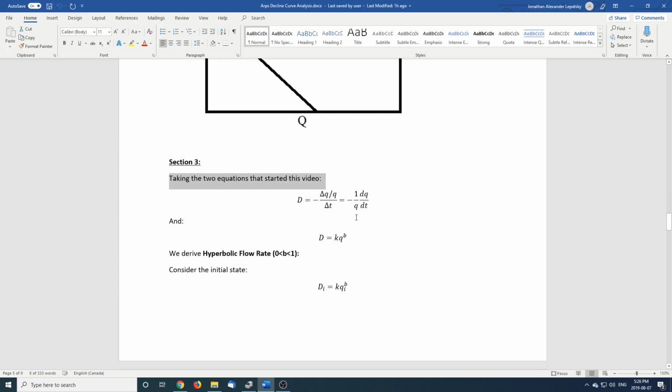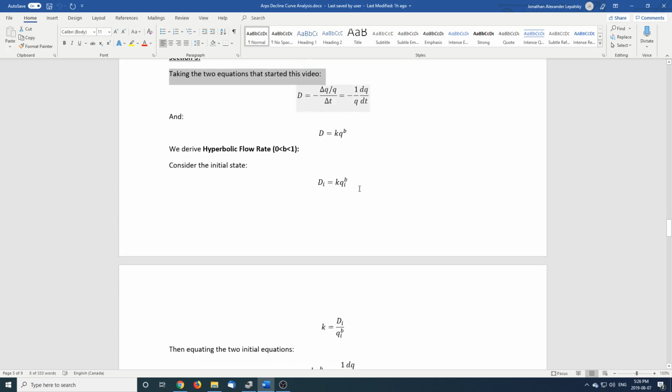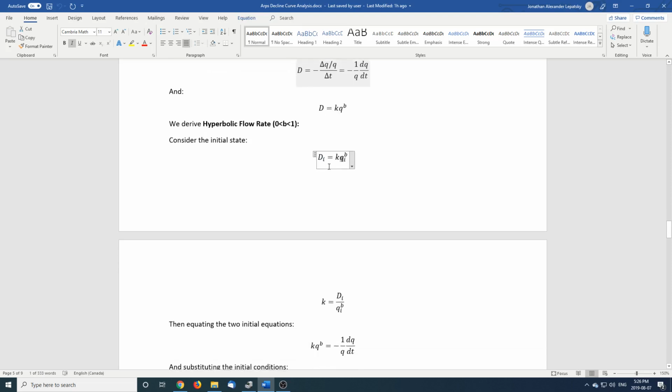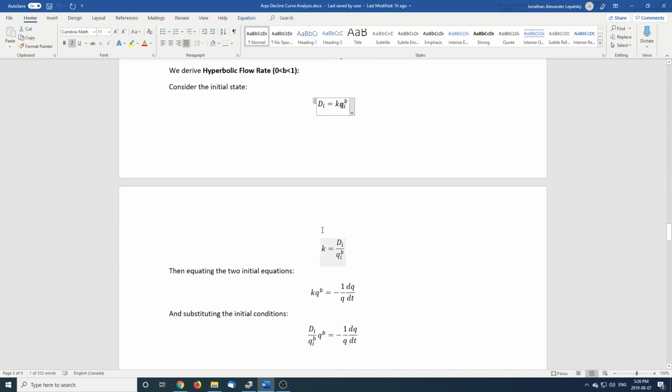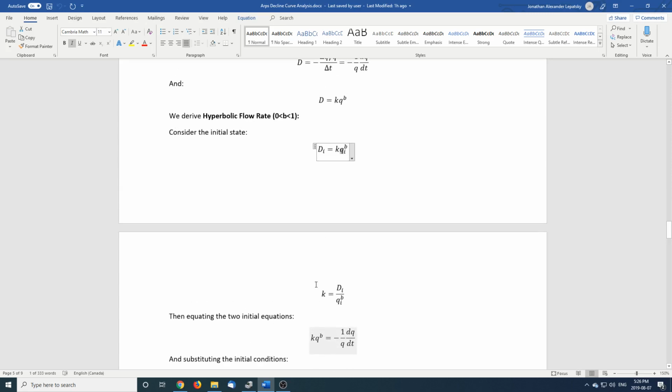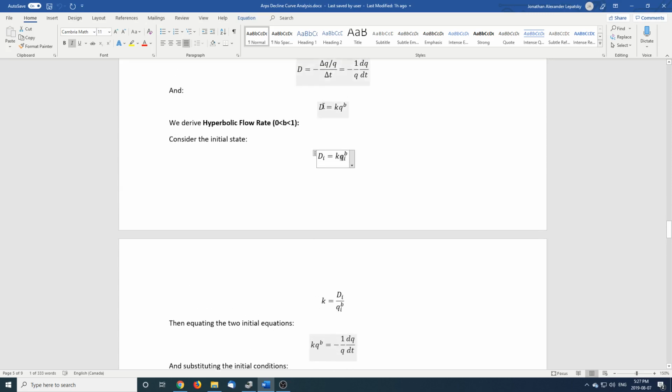So we start from the same equations as before. We'll take this one, and as before, we'll do the initial state. So Di, qi, okay? And then we rearrange this to solve for k, just as before, right? And then what we're doing here is we're taking these two equations, this one here and this one here, and equating them.